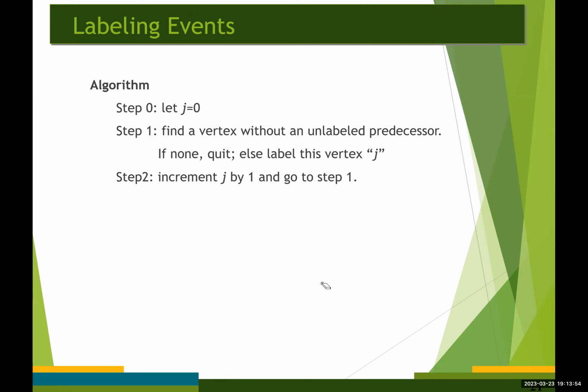The basic idea is that we label the events, or vertices, on the project network so that I is less than J if IJ is an activity.